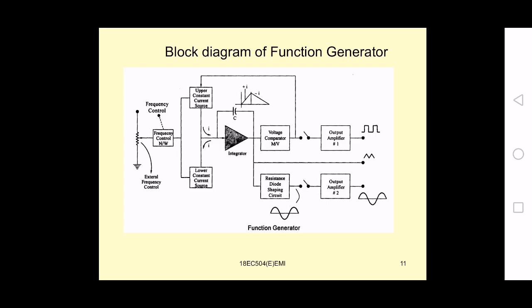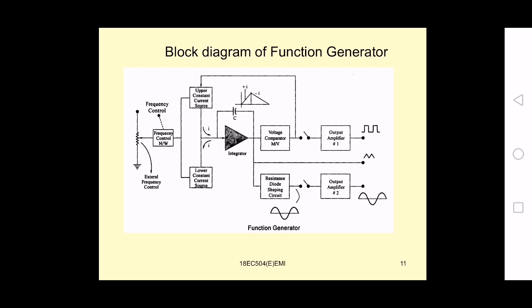So whenever the current is increasing, the output is also increasing. At some point, the voltage comparator multivibrator changes its state. Then it will switch off the upper constant current source and turn on the lower constant current source, which supplies the reverse current, meaning decreasing current. So the output of the integrator will decrease linearly with time.